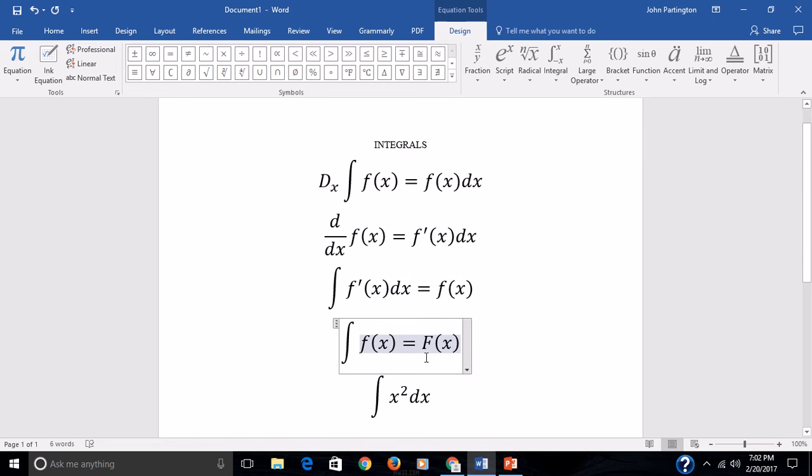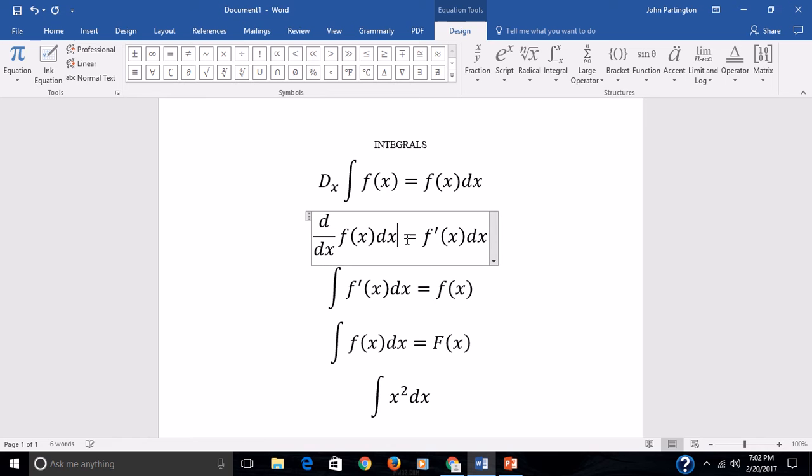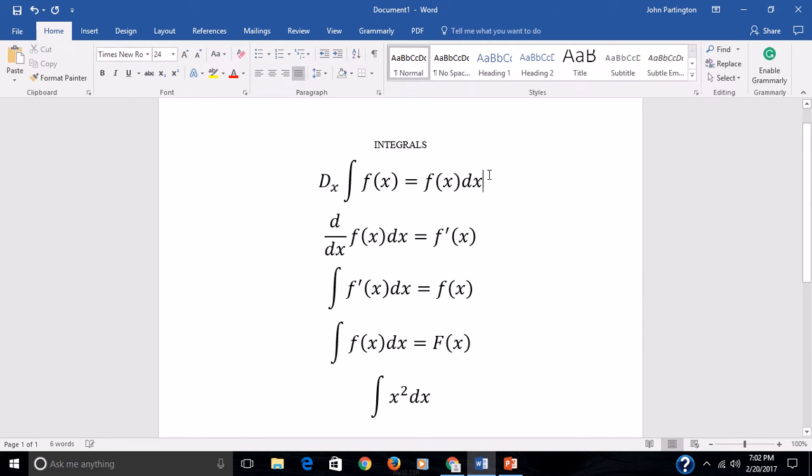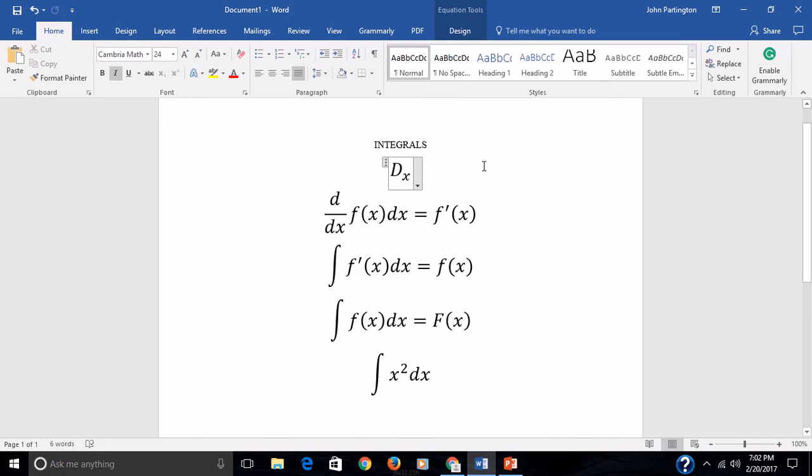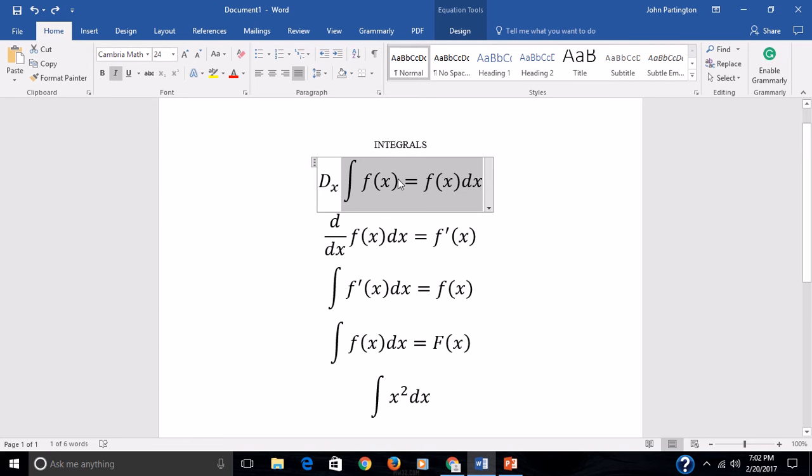Now, why are we always going to have this plus c? Because if you recall from the last video, the derivative of any constant is going to be 0.